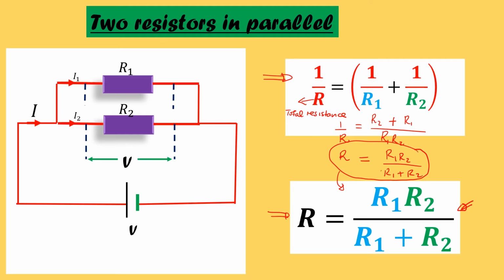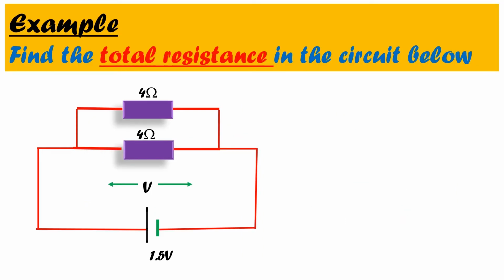In this example, we are supposed to find the total resistance in the circuit, which has 4 ohm resistors in parallel, and a battery, a cell, which is 1.5 volts. We said that when you have two resistors in parallel, the total resistance R can be calculated from this expression. You just get the product divided by the sum.